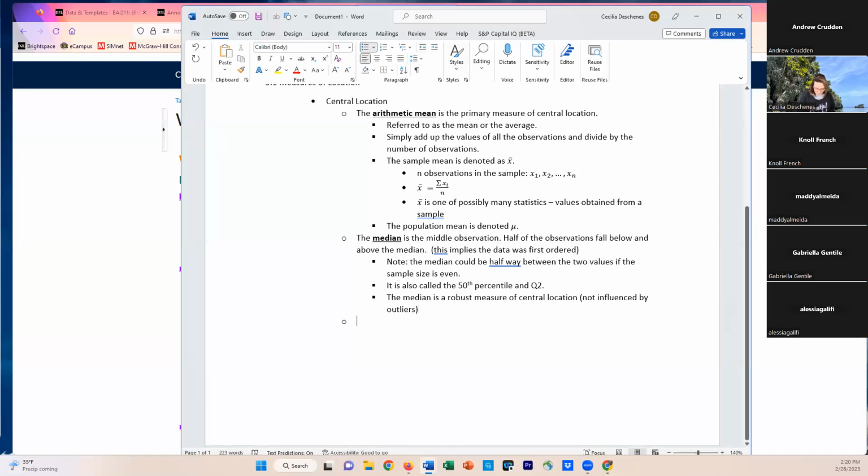And finally, we have the mode. It is the most frequent value.